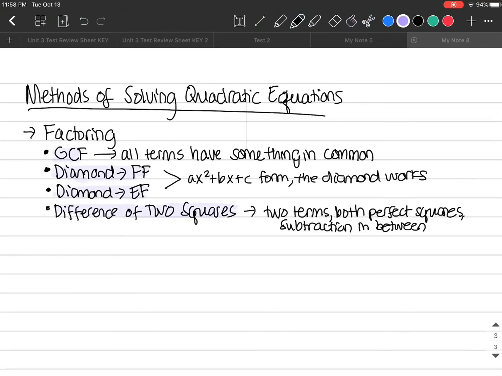Okay. All right. Next thing is the square root method. So you can use the square root method if it's not factorable.